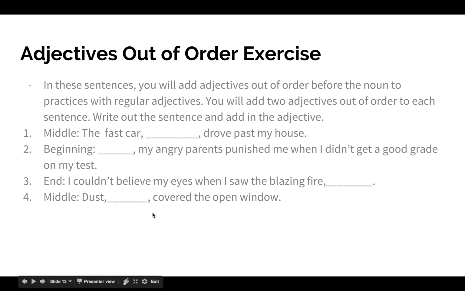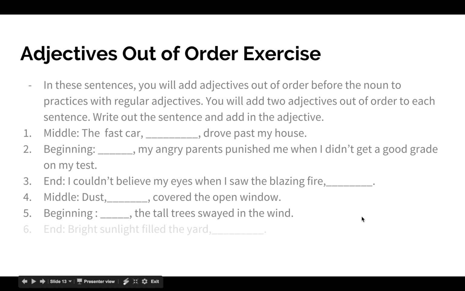Dust, blank, covered the open window. The beginning of the sentence, blank, the tall trees swayed in the wind. The end of the sentence, bright sunlight filled the yard.